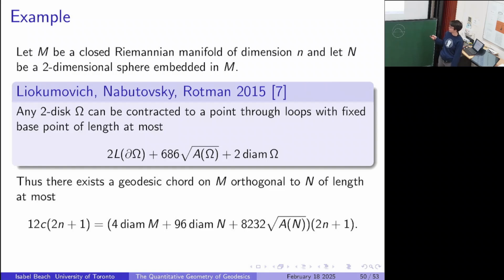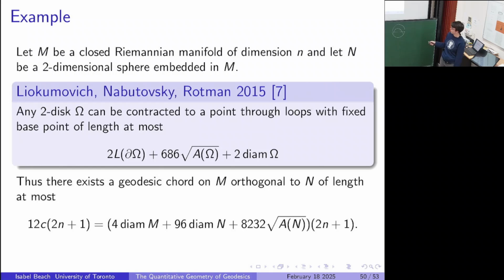So you can make a version of this where instead of a disk, I've got a loop on a sphere. And you can bound these quantities in terms of the quantities of the manifold n and m. So then you know how to shorten curves on my two-sphere.